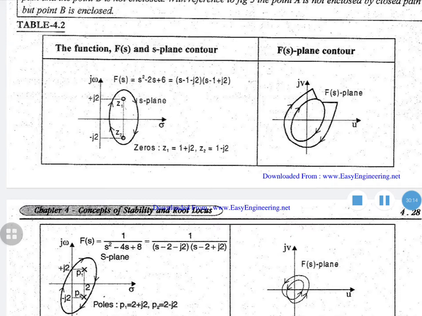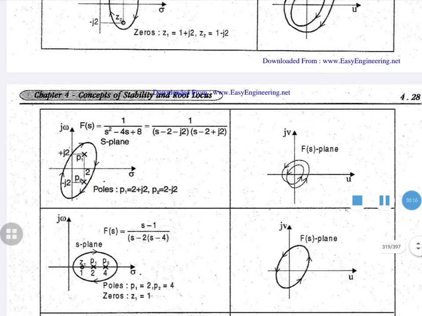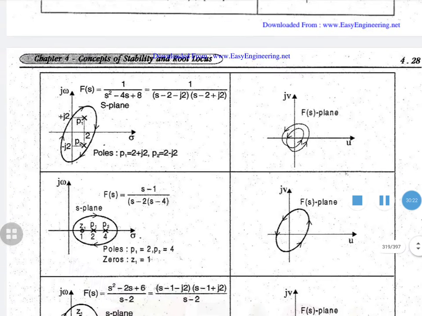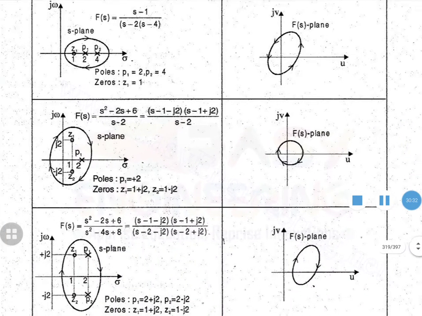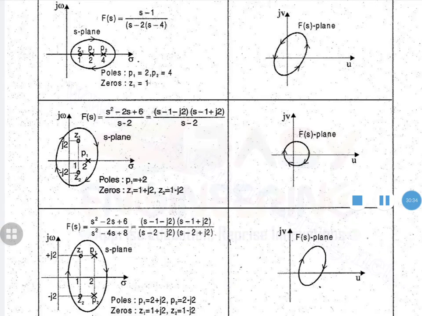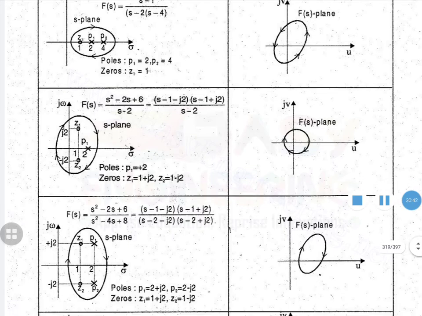The second case is two poles, in which you can see the two encirclements in the anti-clockwise direction. With one zero and two poles, poles are greater, so again anti-clockwise direction. With two zeros and one pole, it is in the clockwise direction, with one encirclement.